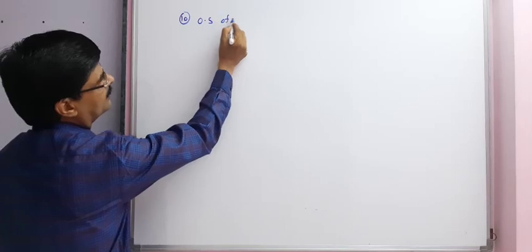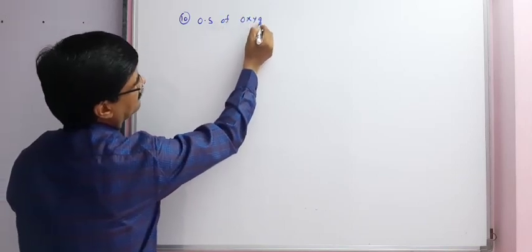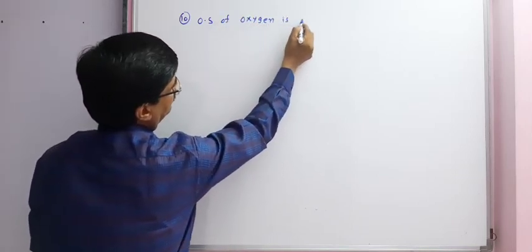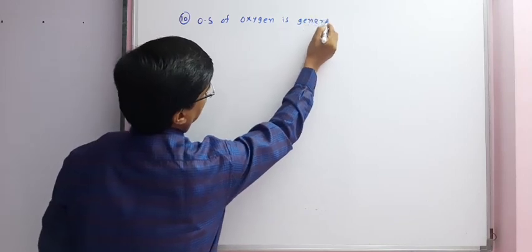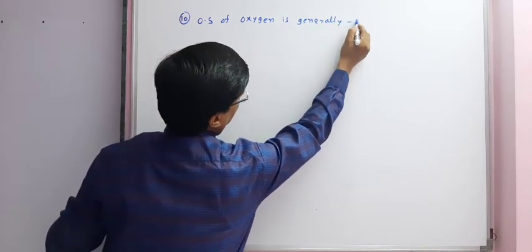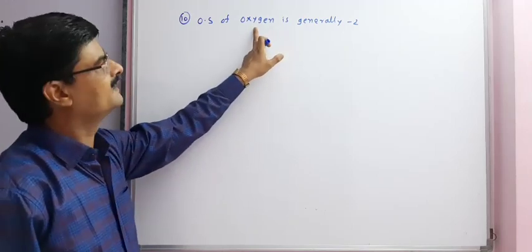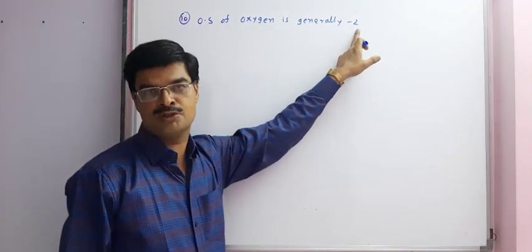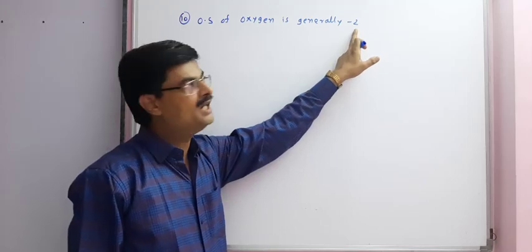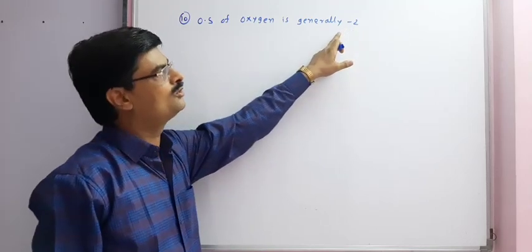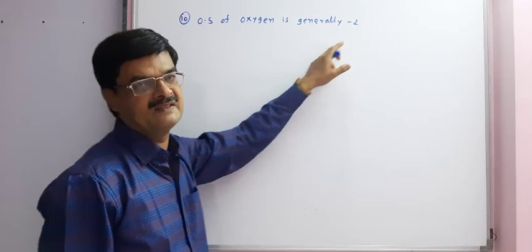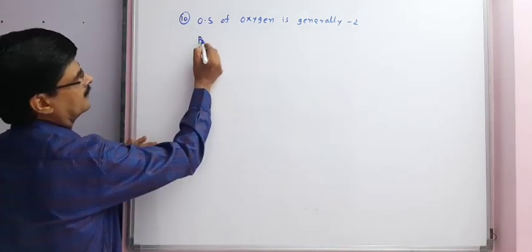Now next rule. The oxidation state of oxygen is generally -2. In most compounds, we find the oxidation state of oxygen to be -2. But in a few compounds, it is not -2. For example, peroxide.